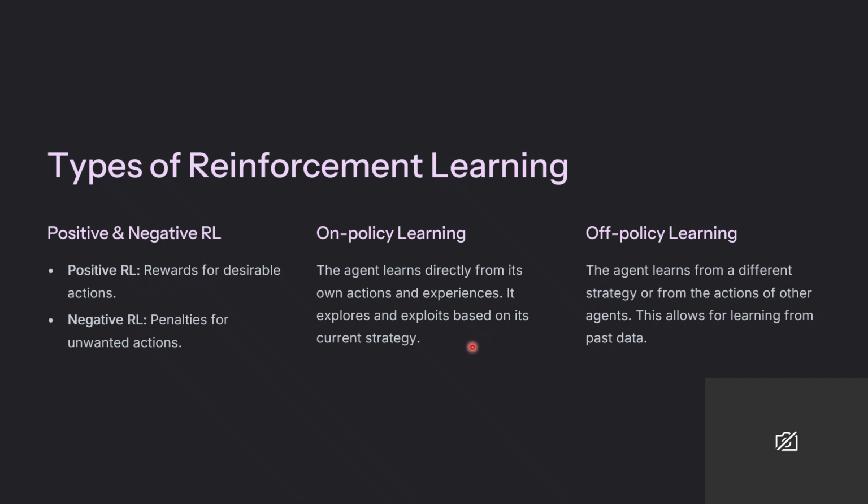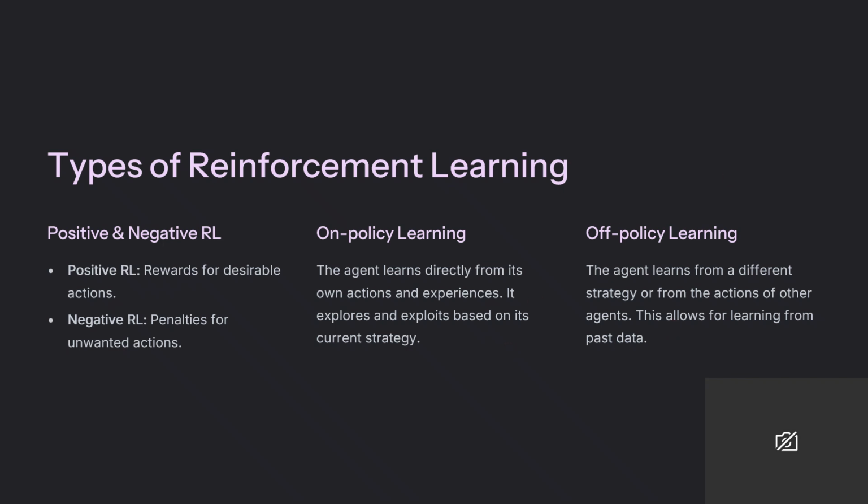And in off policy learning, the agent can learn by watching others or using old data. That means past data. It doesn't only rely on its own actions. So the way the agent learns can be from doing things itself or from learning from others.